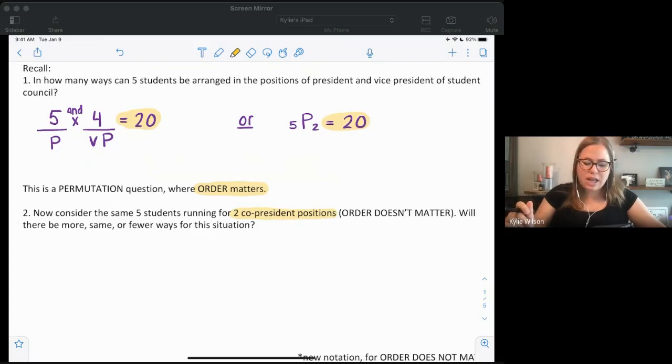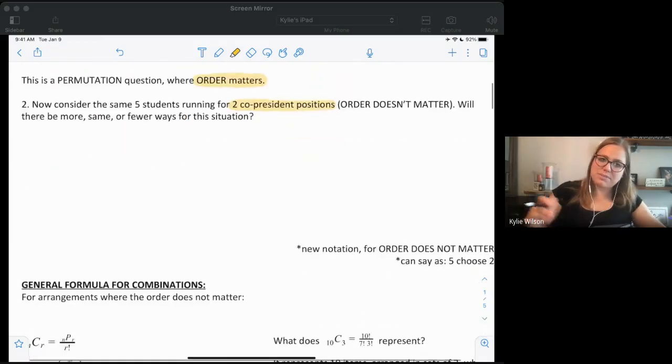And we want to think to ourselves first, do we think there will be more, the same, or fewer ways that this could happen? So it's kind of like our identical elements a little bit, right? Now having student A and student B is the exact same situation as having student B and student A, just like an identical element. So that's exactly what we'll write.